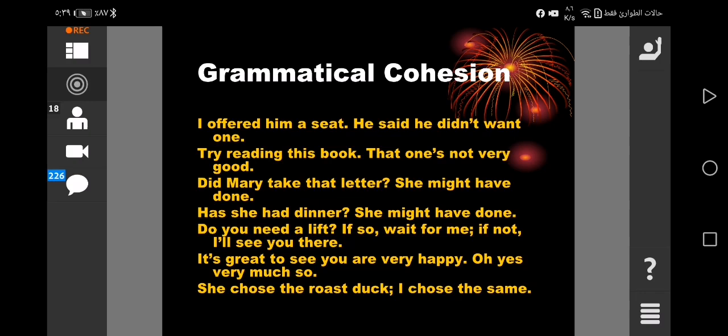She might have done. Do. Done is the substituting expression. Right? So done is the substituted expression. And in fact, it substitutes she might have taken that letter.